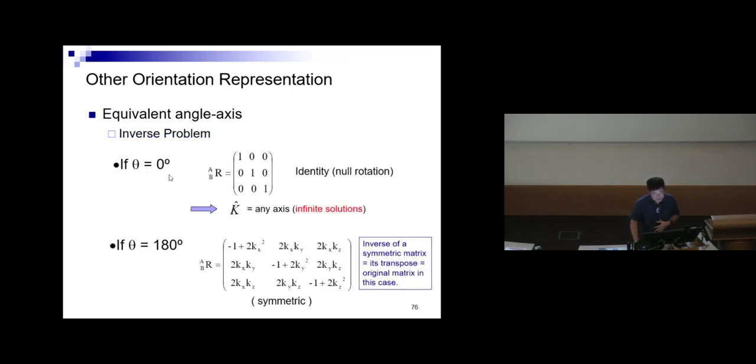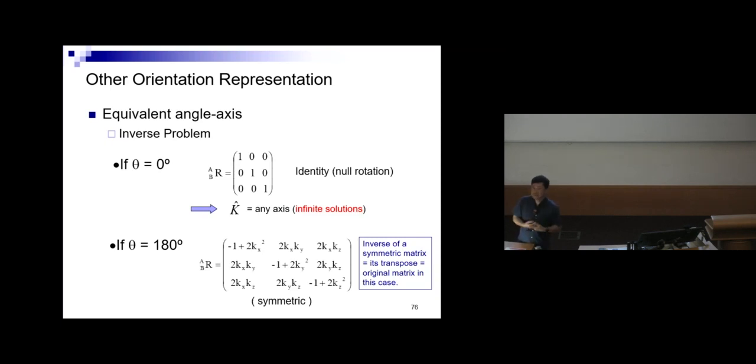If theta is equal to 0 degrees, your ABR will be an identity matrix. This is intuitive. If your angle of rotation is equal to 0, there will be no change, so you end up with an identity matrix.